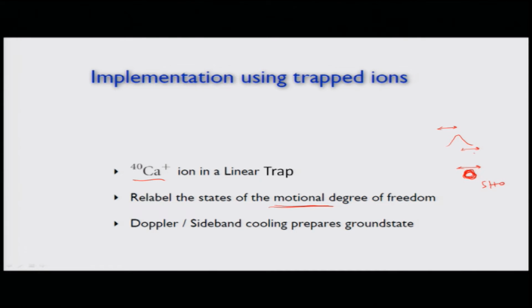The leading edge creates heating, whereas the trailing edge essentially does the cooling, and that is how the ion is cooled. The idea is to make this motion minimal as it gets cooled, and this is due to the interaction where the momentum of the ion is getting decelerated because of this interaction with the applied laser field.